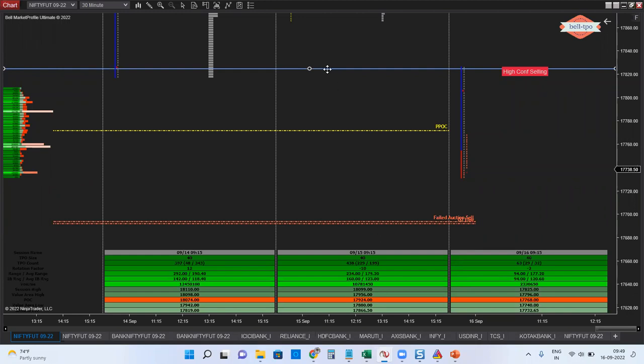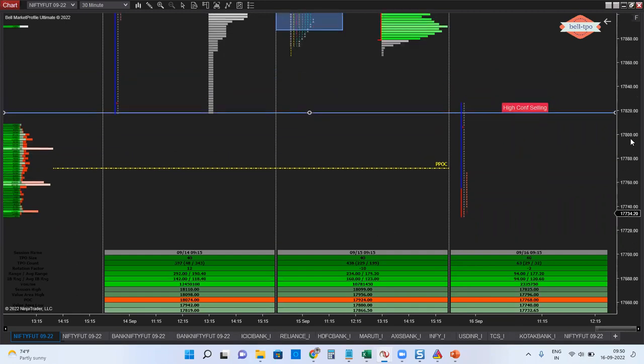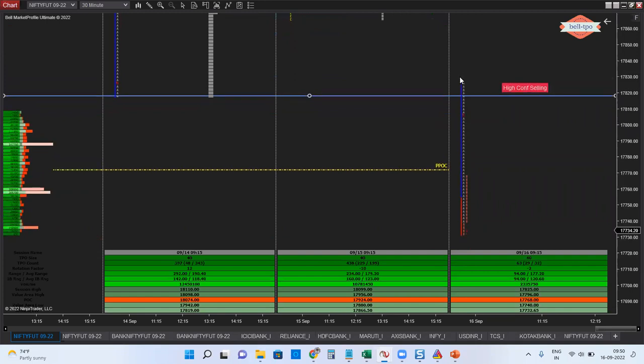One more important thing to remember: when there is a multi-day breakout, it leaves only a few TPOs. We also talked about this kind of setup. When price is leaving the station with very few TPOs and elongation is happening to the downside, such a market again shows a sign of high confidence market activity.